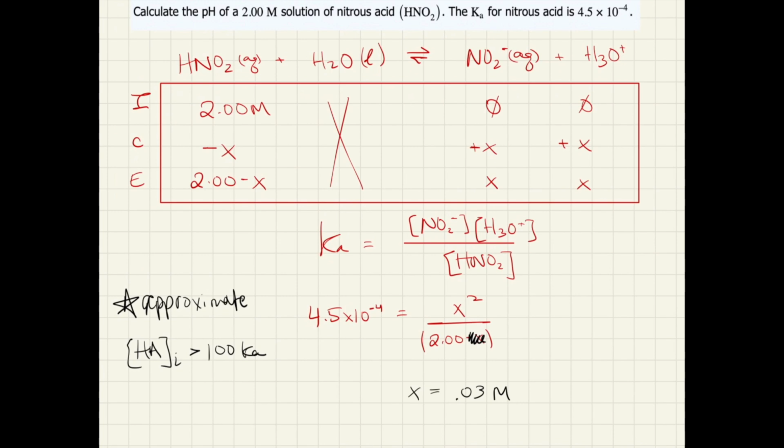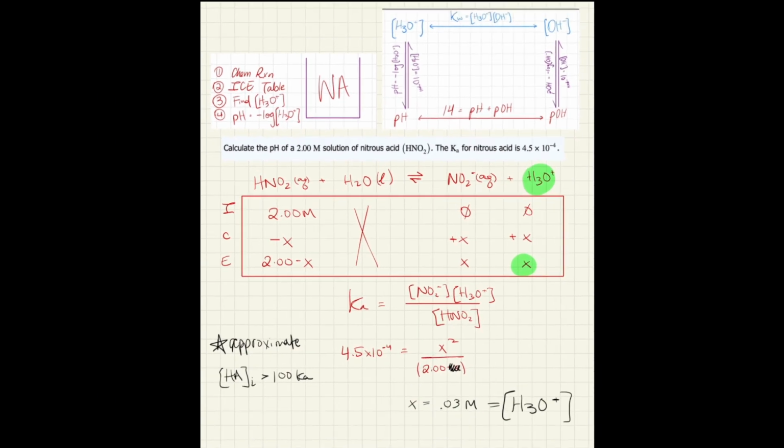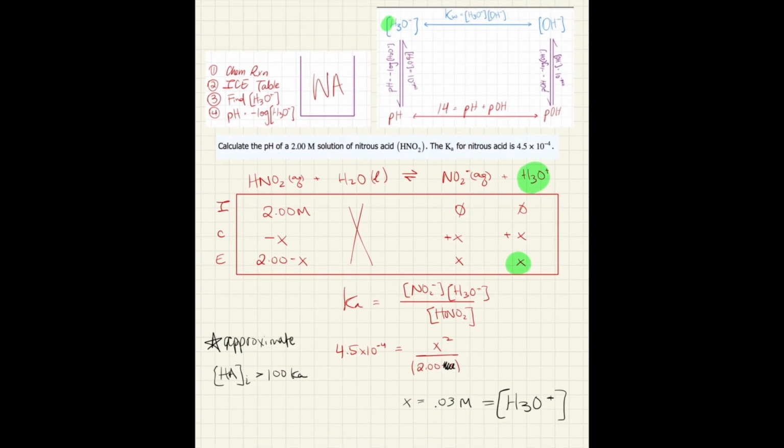Because the ICE table tells us that x is equal to H3O plus. Wonderful. We are now done with the ICE table and got what we need. I like to tell my students we are now in the top left corner of the rectangle. We're at H3O plus. We just need to get down to pH and we'll be done.